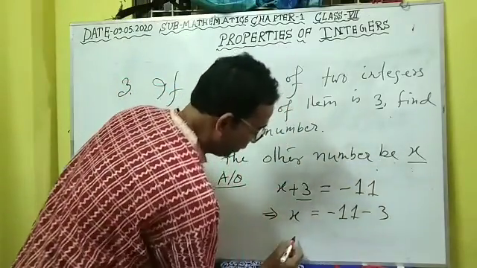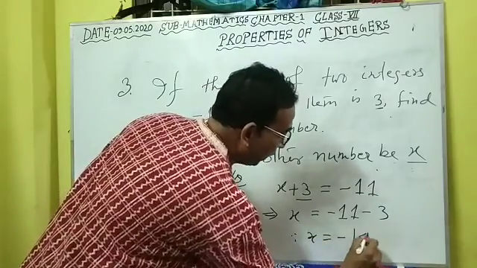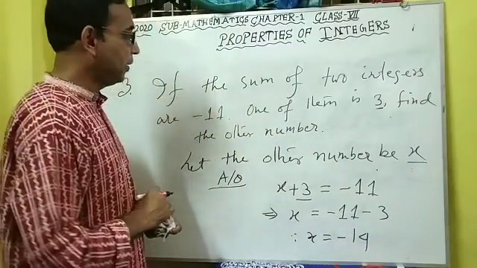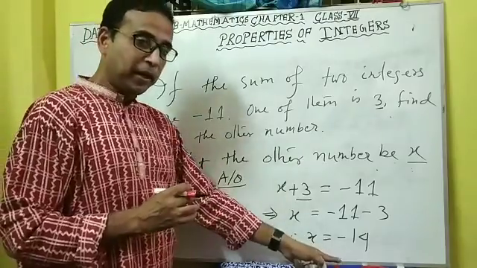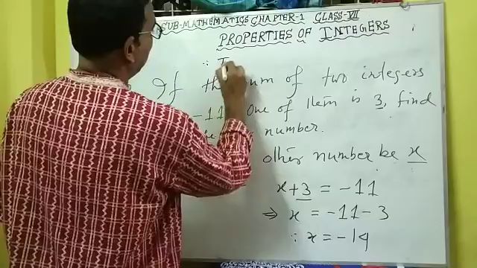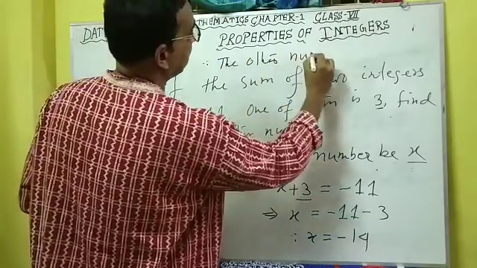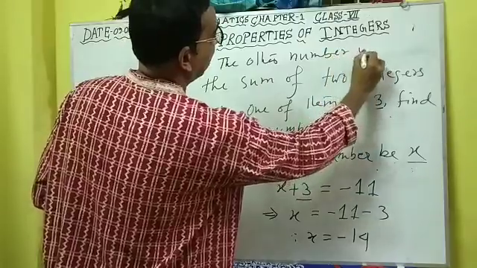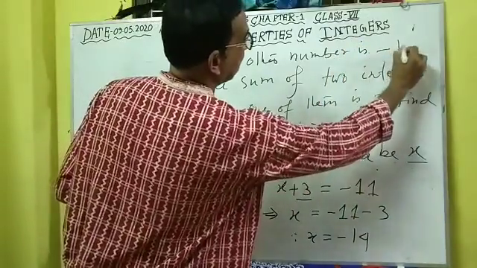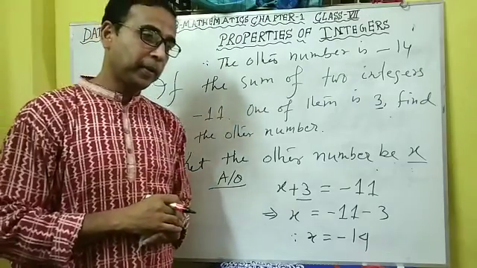So x is equal to -14. So the other number is -14. Okay.